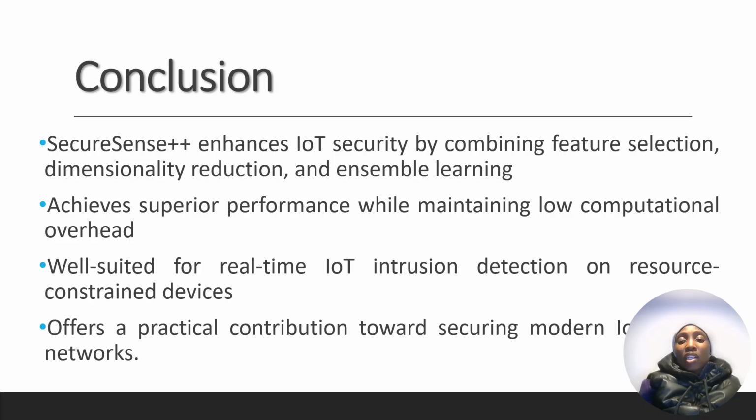Just like I said, the proposed model was a light model and required low computational resources. So it's well suited for real-time IoT intrusion detection on resource-constrained devices such as mobile phones and edge devices. It offered a practical contribution towards securing modern networks.